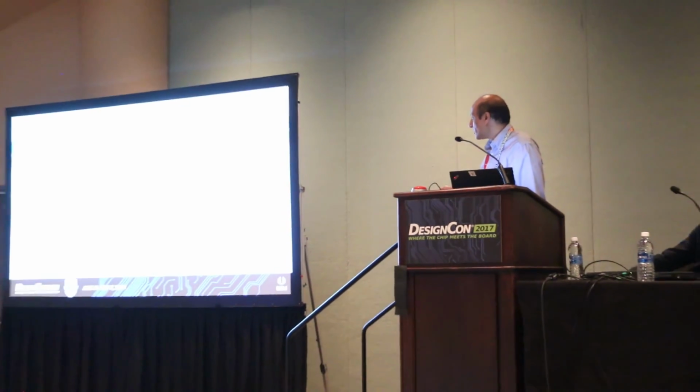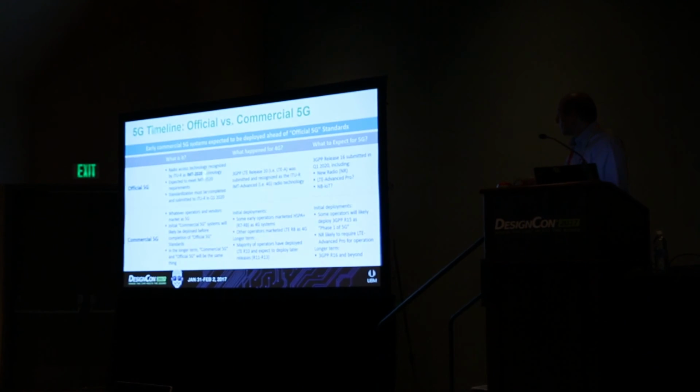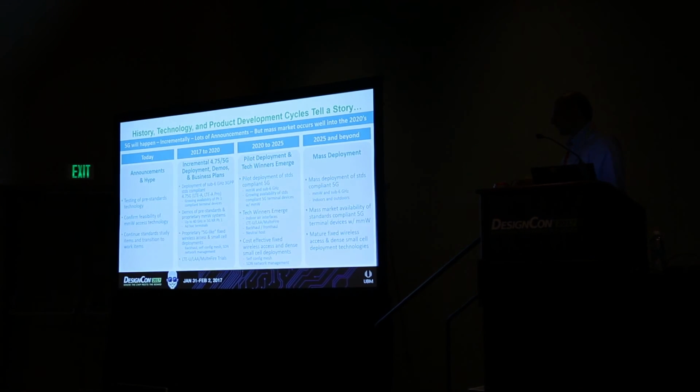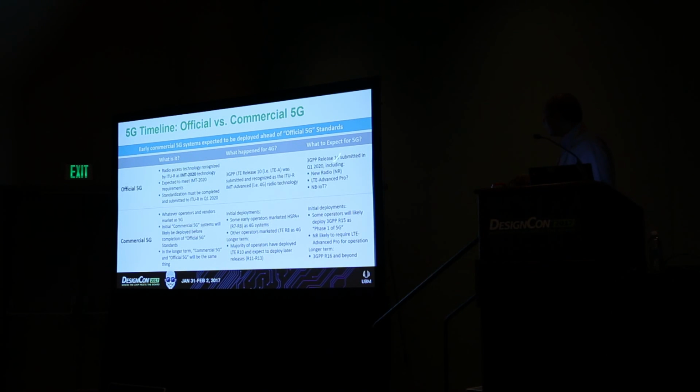If we look at what's happened in terms of official versus commercial 5G, there are two or three things I wanted to mention. From the official perspective, we're driving it through the standards process along the lines of what I just articulated earlier, which is driving towards this 2020 deadline for the IMT.